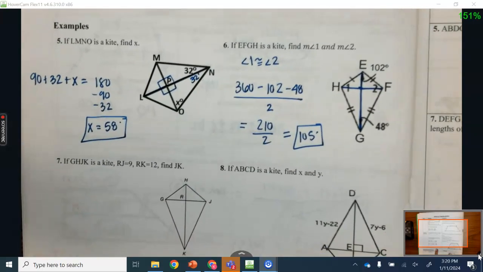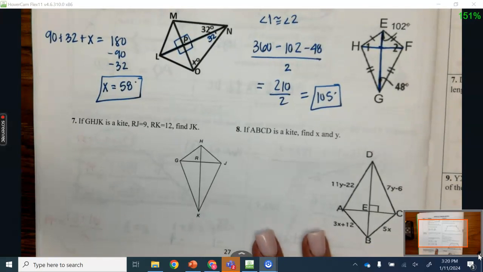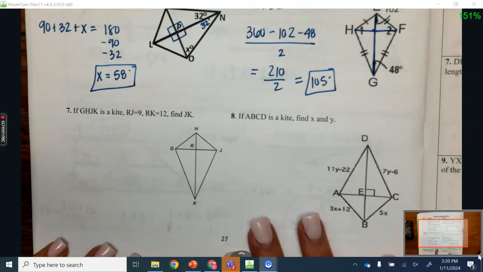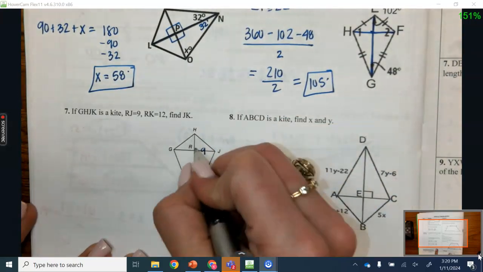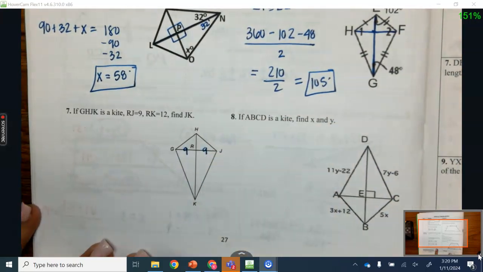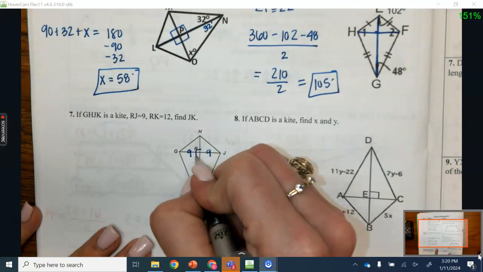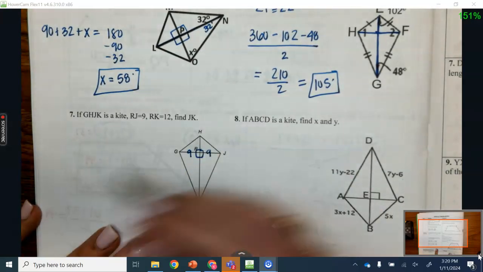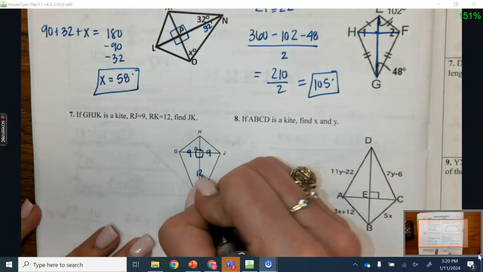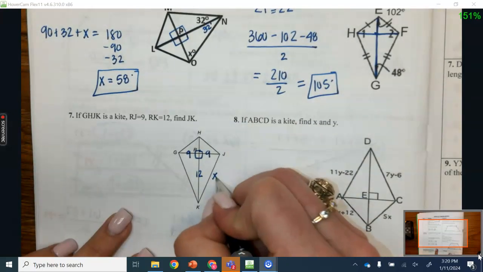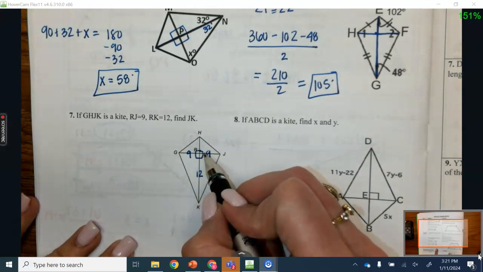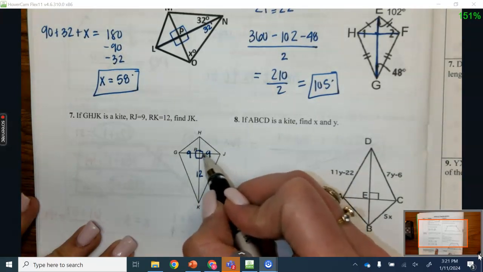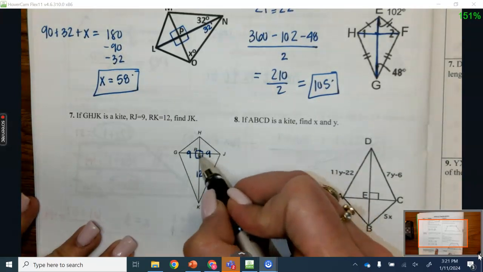Okay. Number 7, if GHJK is a kite, RJ is equal to 9. Remember, the shorter diagonal gets bisected by the longer, so GR is also 9. Here's right angles. RK is 12. Find JK. I'm going to put an X right there. Because we have right angles at our diagonal, and they've given me RJ and RK, here's a right triangle.